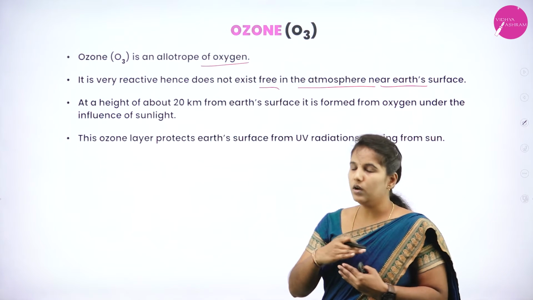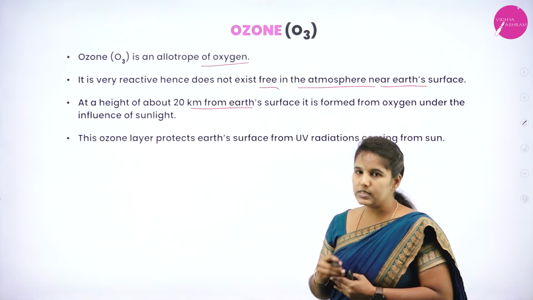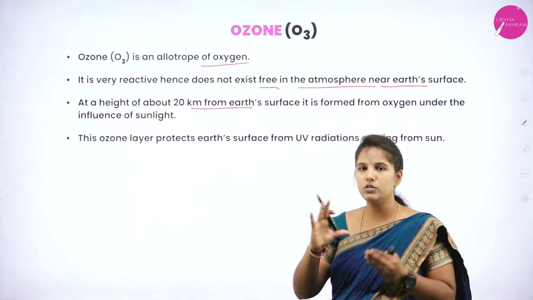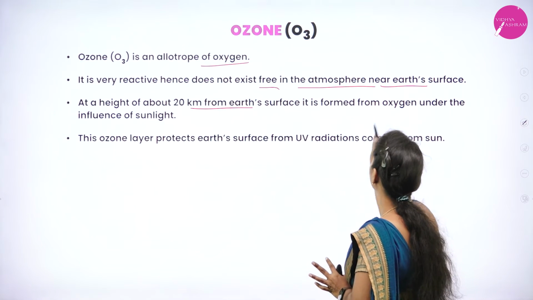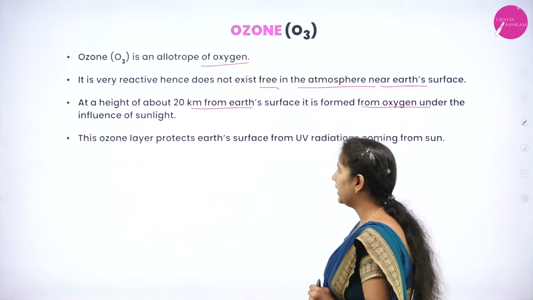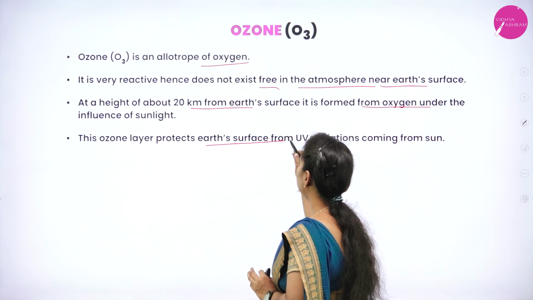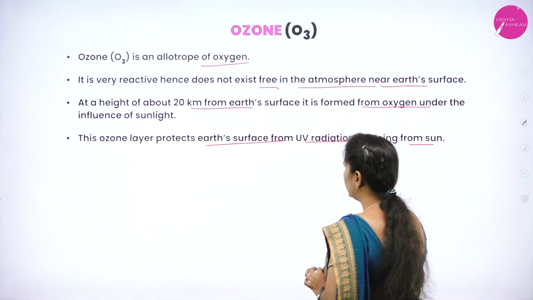But as we move to a height of around 20 kilometers from the Earth's surface, you can see the ozone layer, which acts like an outermost surface covering the entire Earth, formed by oxygen under the influence of sunlight. This ozone layer protects the Earth's surface from the UV radiation coming from the sun.